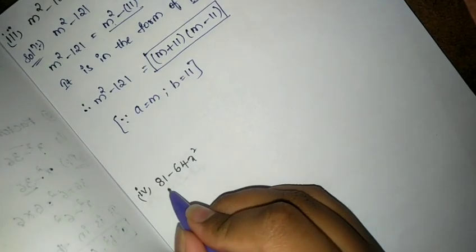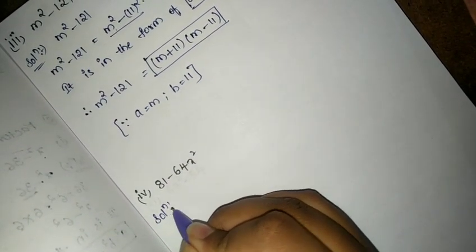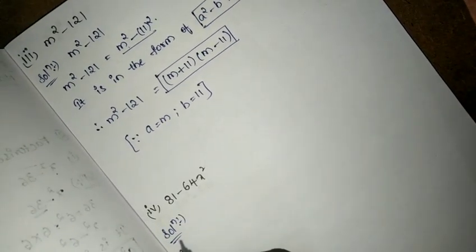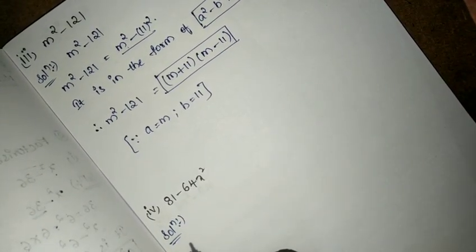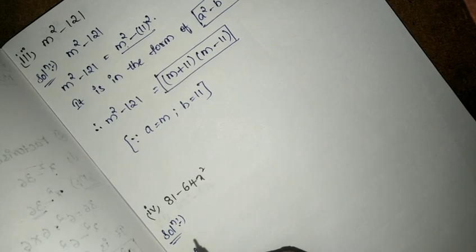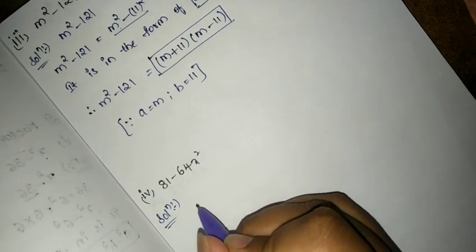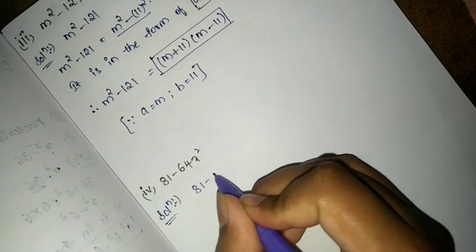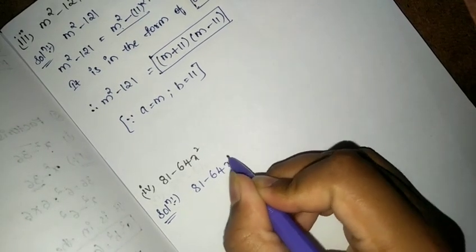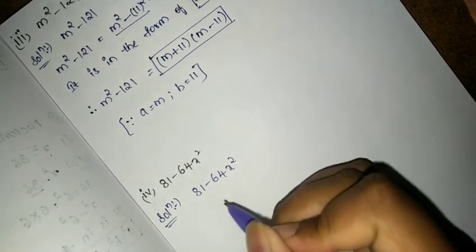Next one, fourth one: 81 minus 64x square. Here the solution for this is 81 minus 64x square.